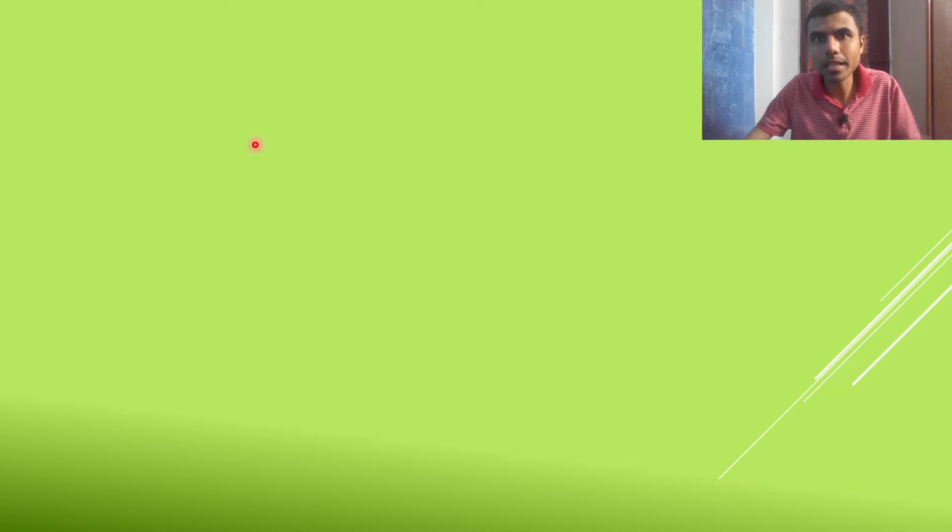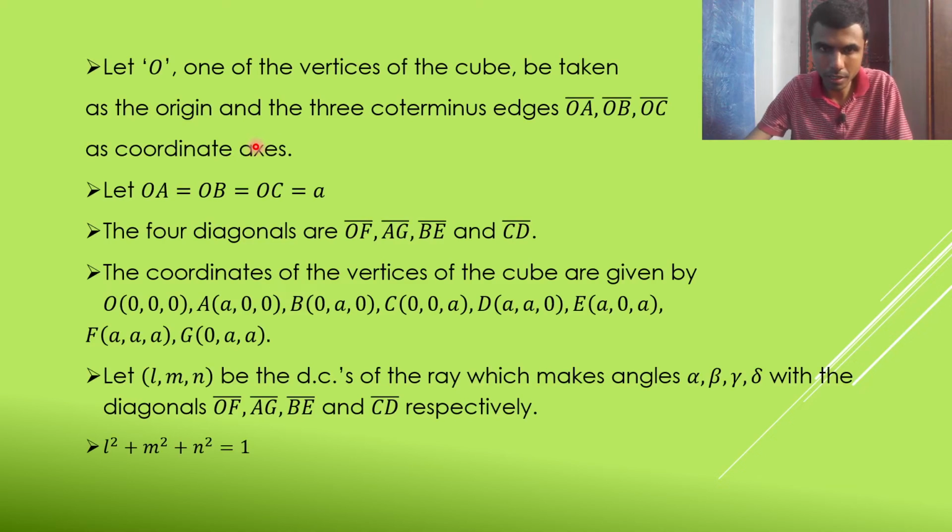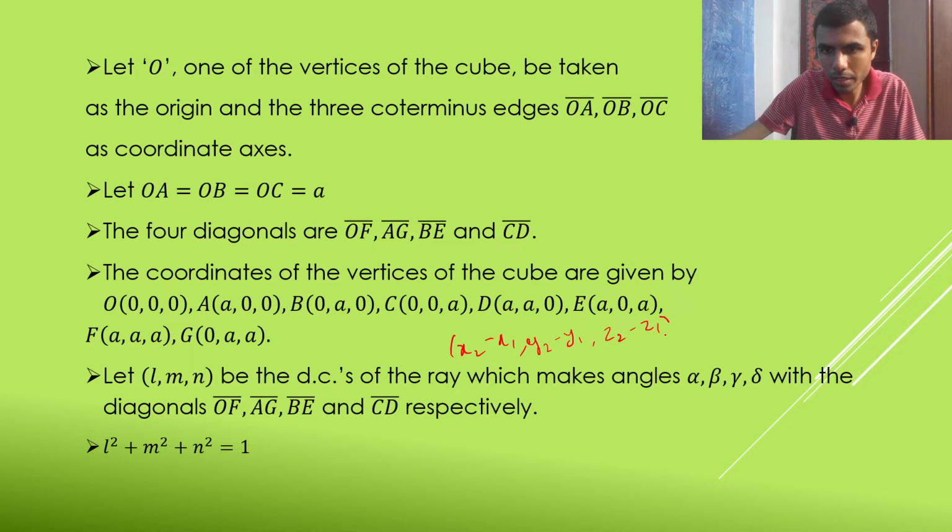To find out DCs, I need DRs. DRs of a line segment or ray are given by x2 minus x1, y2 minus y1, z2 minus z1.